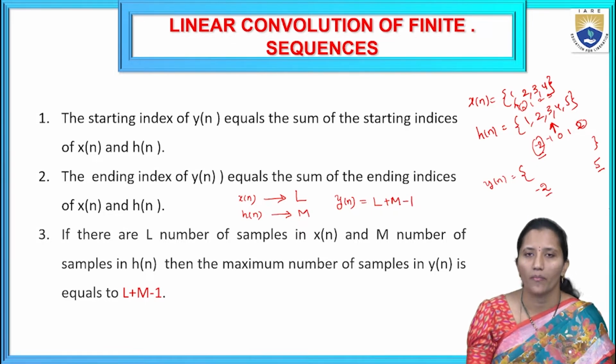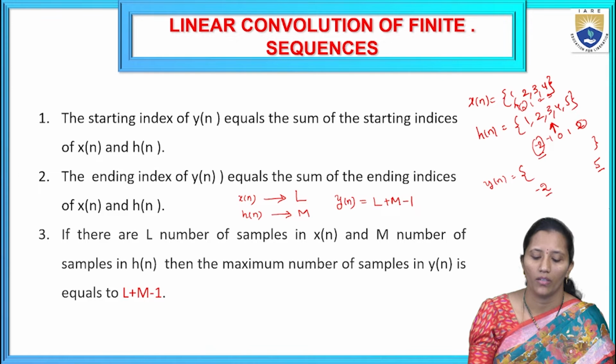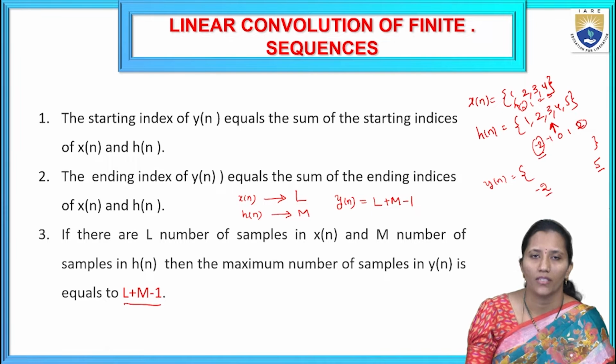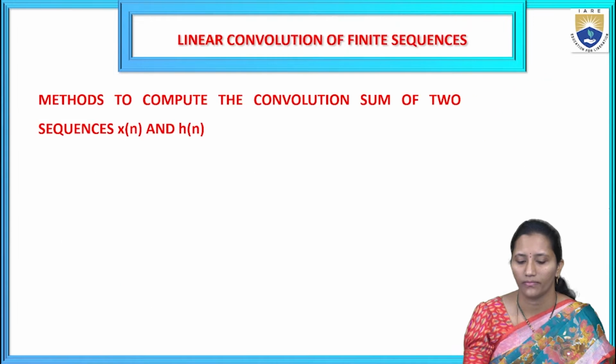So the maximum number of samples in y of n is equal to L plus m minus 1. So these are the basic steps to find the starting index, the ending index, and the number of samples of y of n in linear convolution.